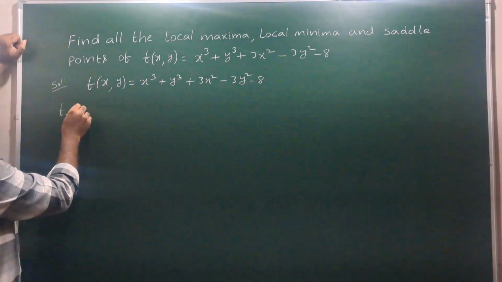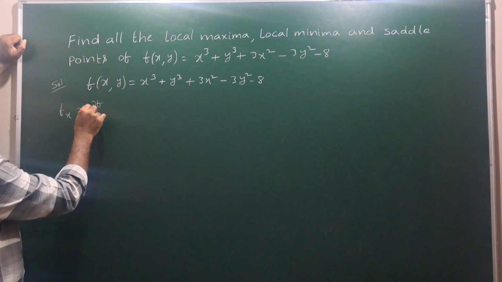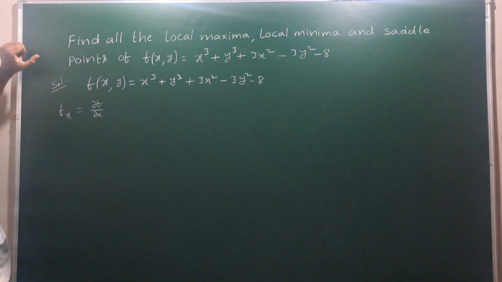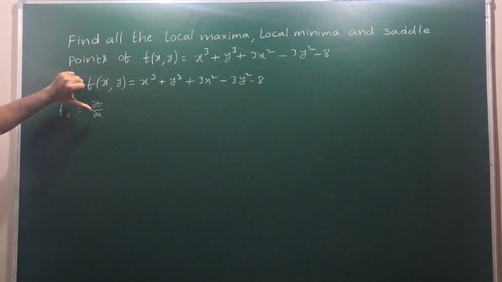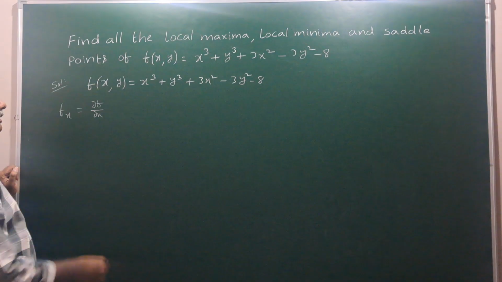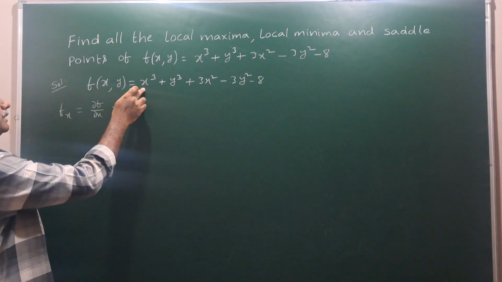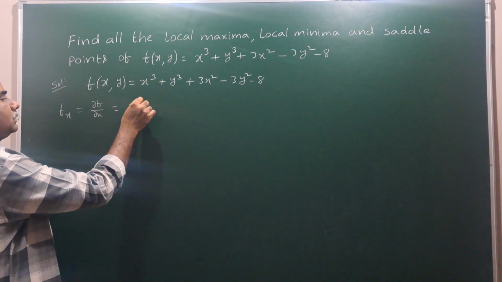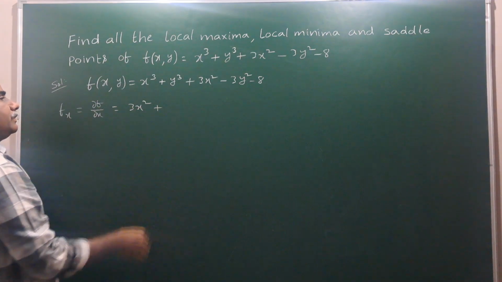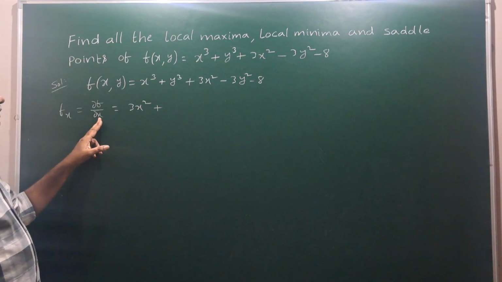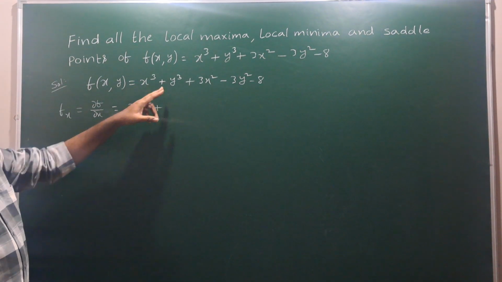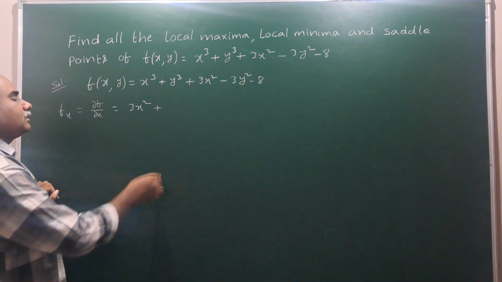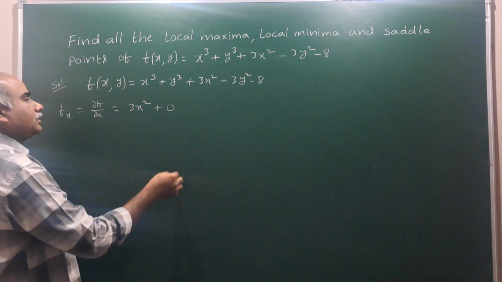Fx represents ∂f/∂x. That means we have to differentiate the function f with respect to x partially. So the derivative of x³ is 3x². The derivative of y³ with respect to x in partial derivative, y³ is completely constant, so its derivative is 0.